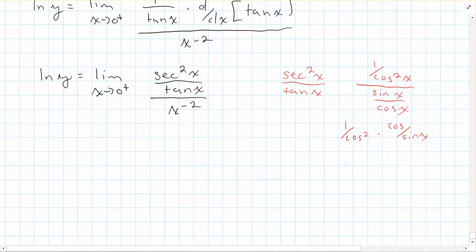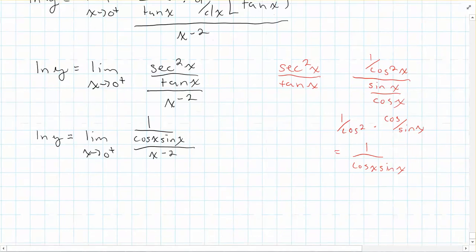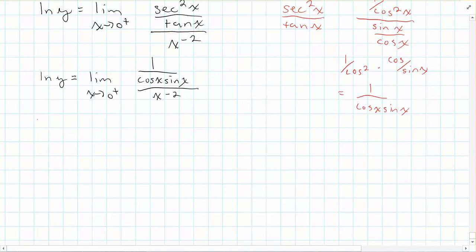Okay, so that would give me one over cosine x times sine x. Alright, so then let's go back to what we have here. So we have the natural log of y is equal to the limit as x approaches 0 from the right of 1 over cosine x sine x over x to the negative 2. So let's also rearrange this a little bit more.